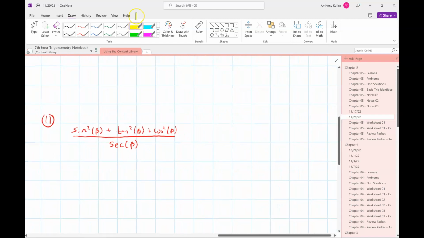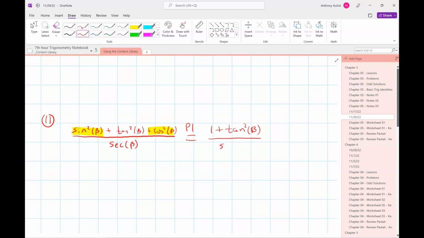Notice that we have a sine squared plus cosine squared. Did it matter that they weren't right next to each other? If I have three things that are being added together, does it matter what order I add those three things together? No, man. So it's cool. I used P1 there. I'll just write that there so if you're going back and looking at the notes, you know what I did.